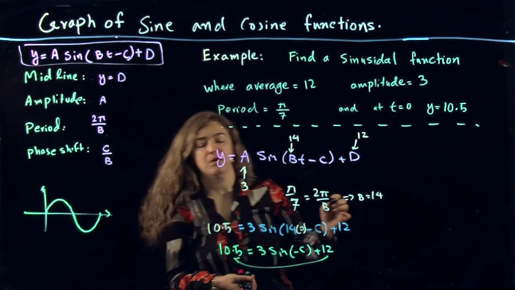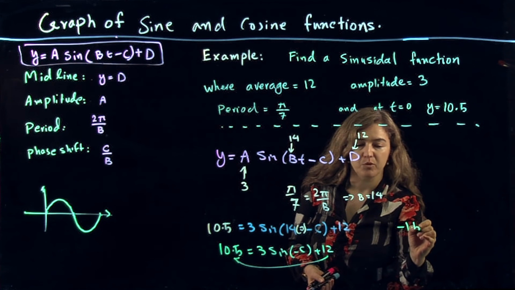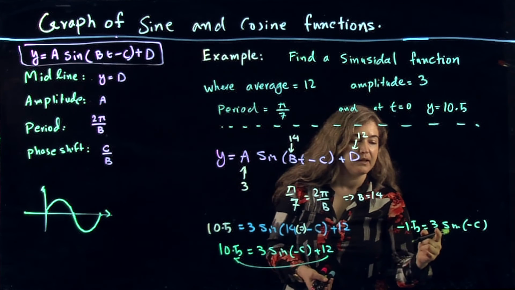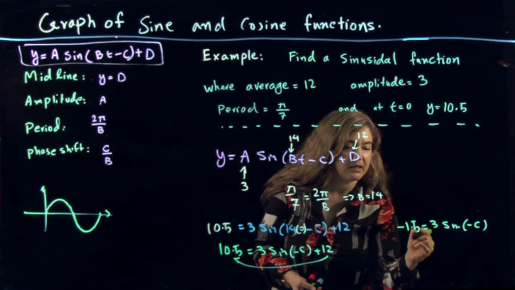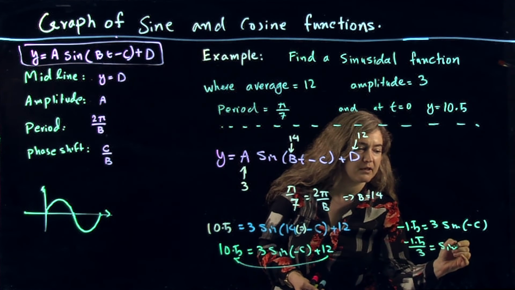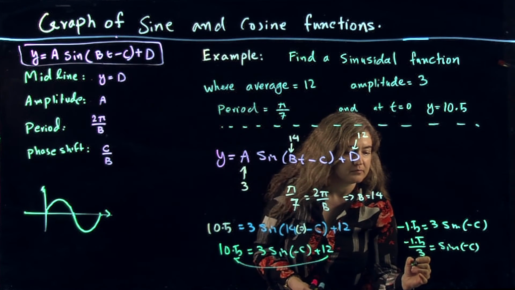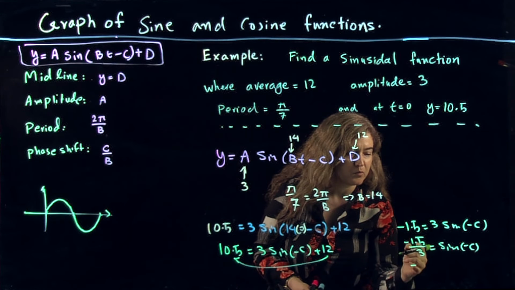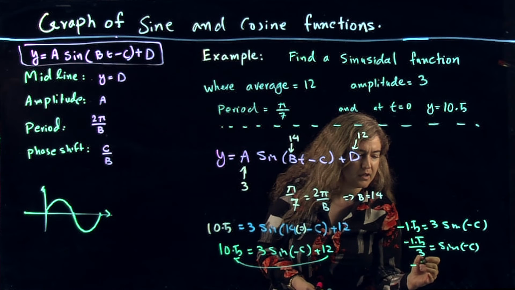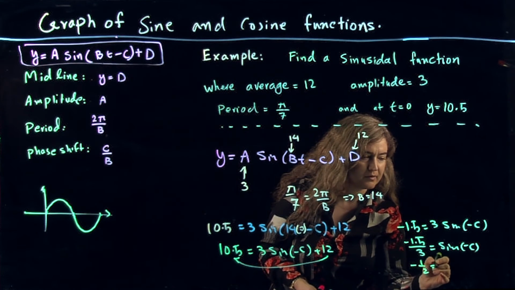So I'm subtracting 12 to get negative 1.5 is equal to 3 sine of negative C. Divide: negative 1.5 divided by 3 is equal to negative 1/2.